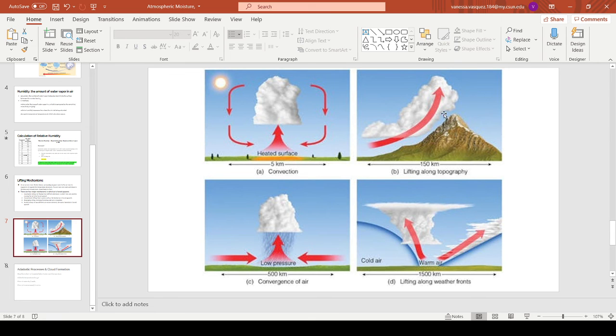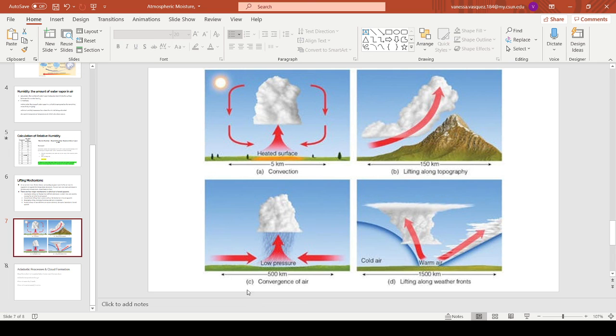When the air is forced upwards, it precipitates heavily, but as it gets to this side, it travels down, compresses, and warms up, and there's no moisture due to that process. That's why this is known as the rain shadow effect, and this is where you would see deserts, because there's no moisture on this side. It's all occurring on the windward side.